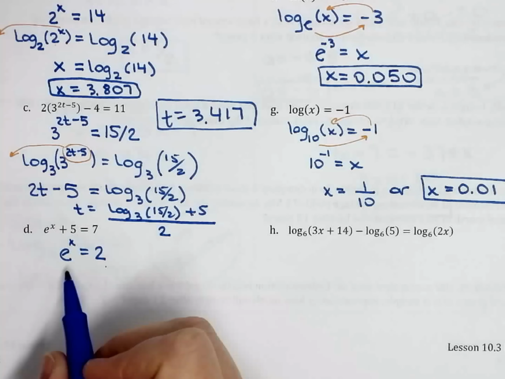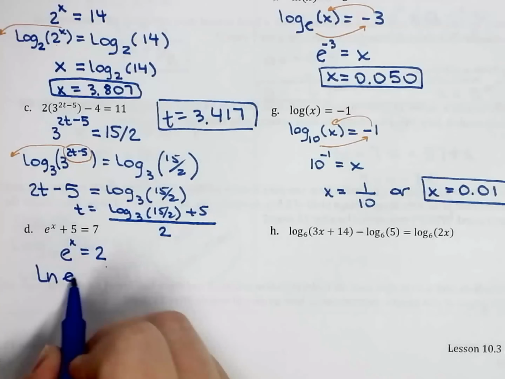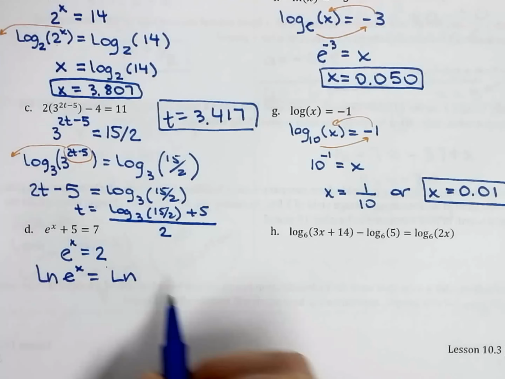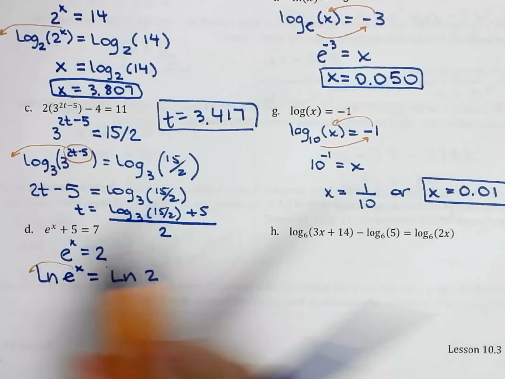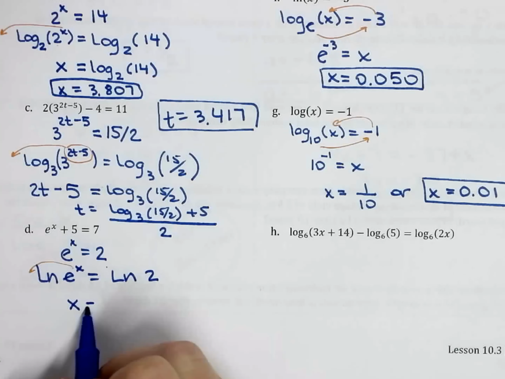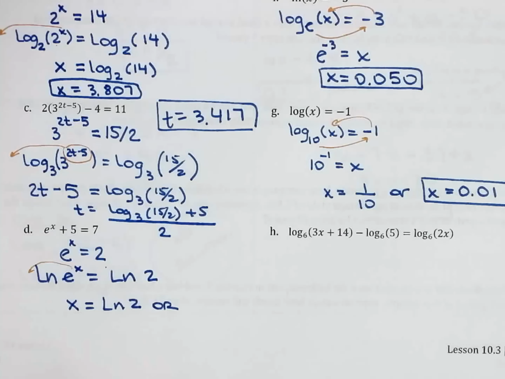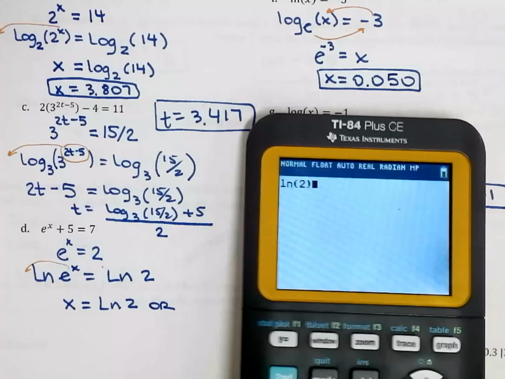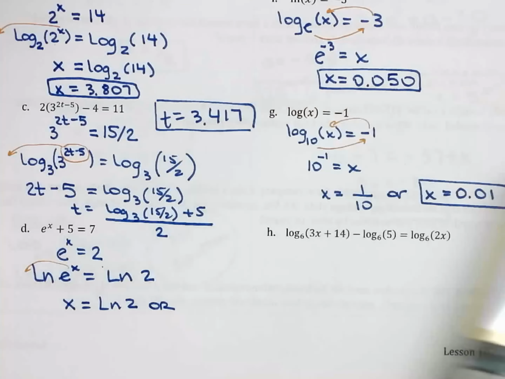I didn't write anything down, but I hope you were listening. So natural log of e to the power of x equals natural log of 2. This equals 1. This x goes in the front multiplying. So x equals natural log of 2. And then this in decimal place is natural log of 2, 0.693.